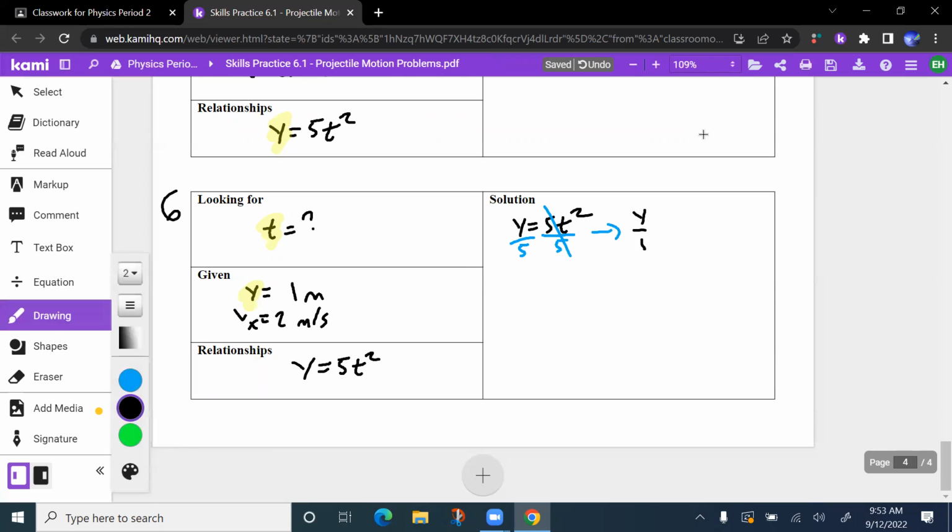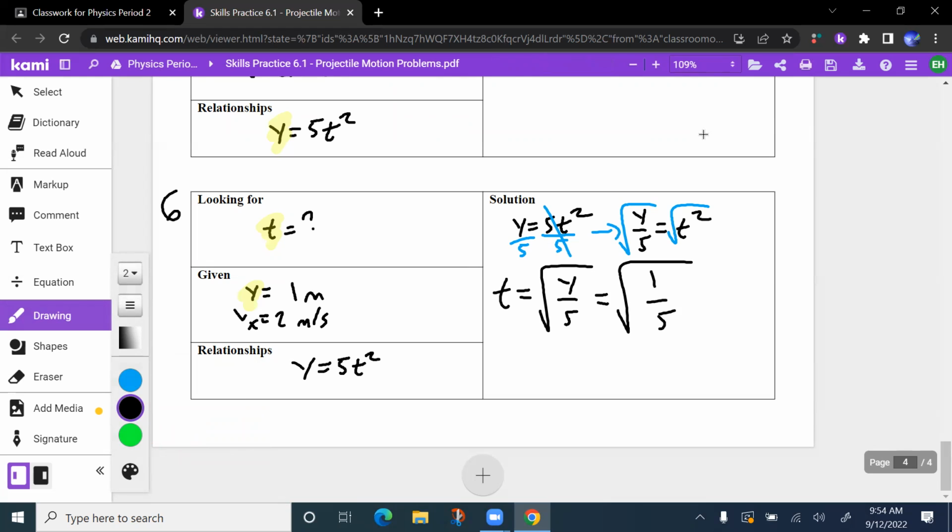We have y over 5 equals t squared. Go ahead and square root to get rid of the square. And time will equal the square root of y divided by 5, which would be 1 over 5. Now, 1 over 5 is 0.2, but that's not the answer because we're taking the square root of 0.2. Square root of 0.2 gives us about 0.45 seconds.